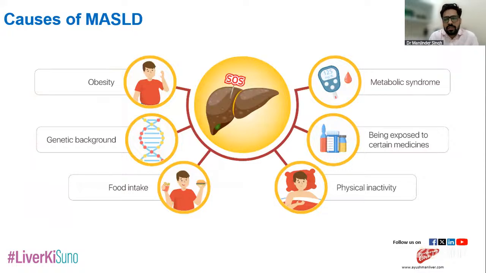The causes I already listed. There is obesity and some genetic background mutations like PNPLA3. Processed foods, refined sugars, and fruit juices can all contribute to obesity, along with lack of exercise and certain medications I already mentioned, and then metabolic syndrome, that is diabetes and hypertriglyceridemia.